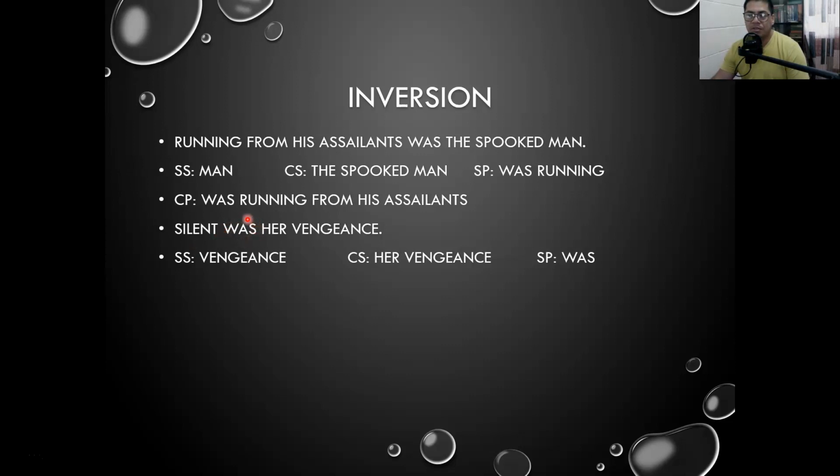Yes? You are using verb to be. Silent is an adjective, right? And you can see that it gives a quality. It describes her vengeance. So I'm going to say that silent is a predicate adjective, right?